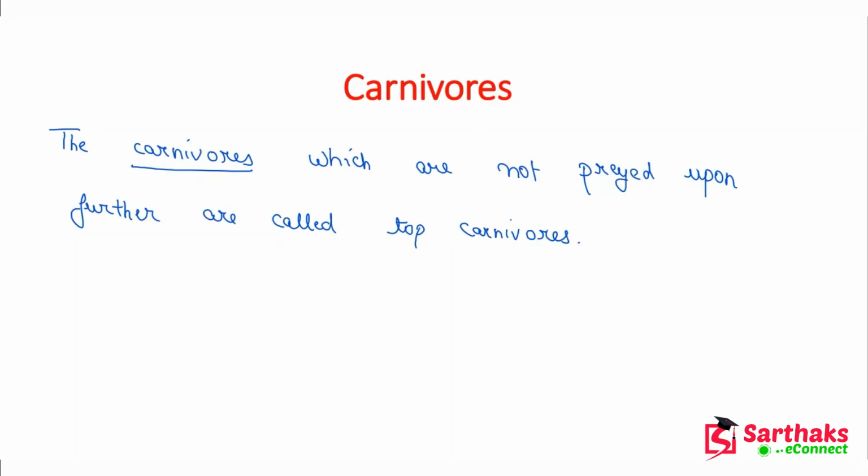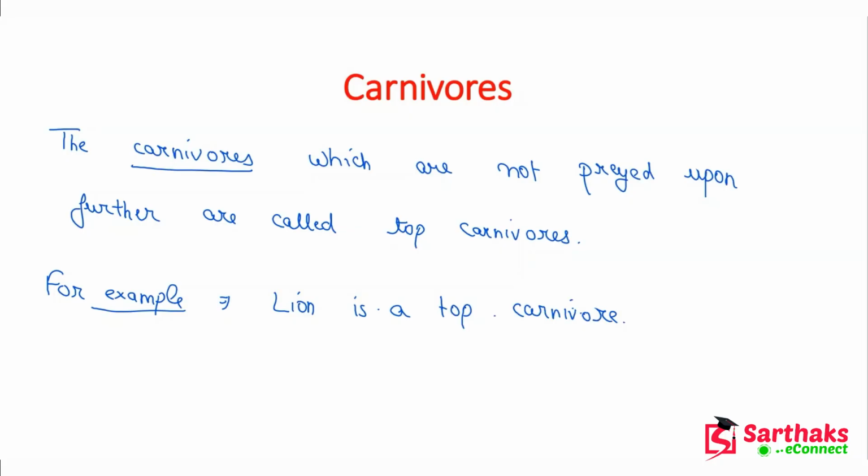For example, we can say that lion is a top carnivore because it cannot be preyed upon further, and nobody can eat lion for its flesh.